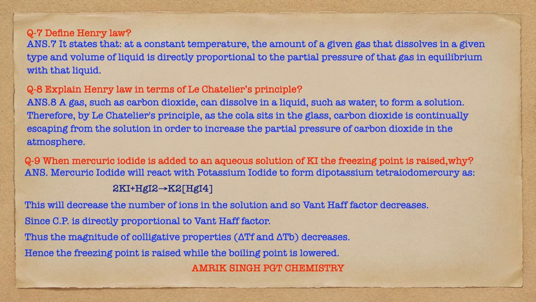This will decrease the number of ions in solution, and so the Van 't Hoff factor decreases, since the colligative property is directly proportional to the Van 't Hoff factor. Thus, the magnitude of colligative property decreases. Both depression and elevation in freezing point will decrease. Hence, the freezing point is raised while the boiling point is lowered.